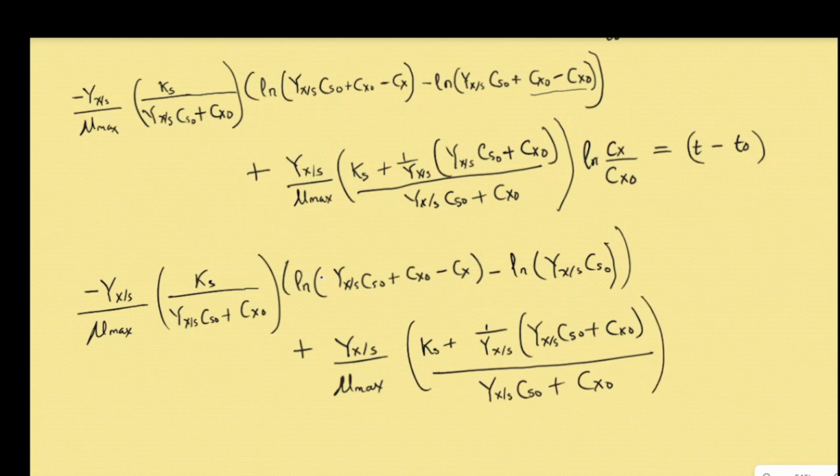Then we have natural logarithm of Cx over Cx naught equal to t minus t naught.